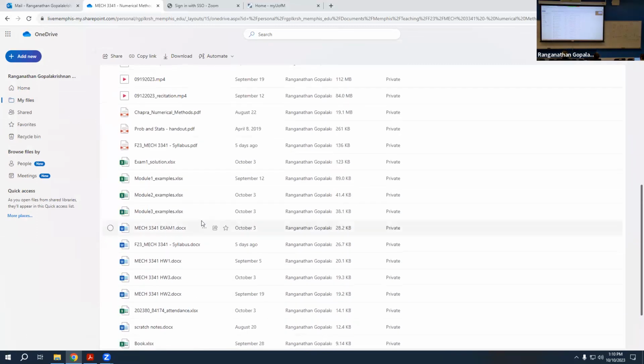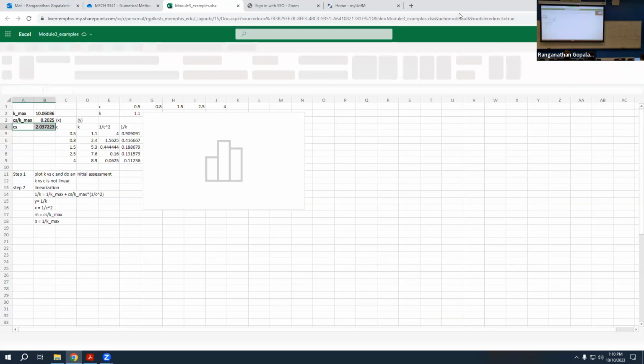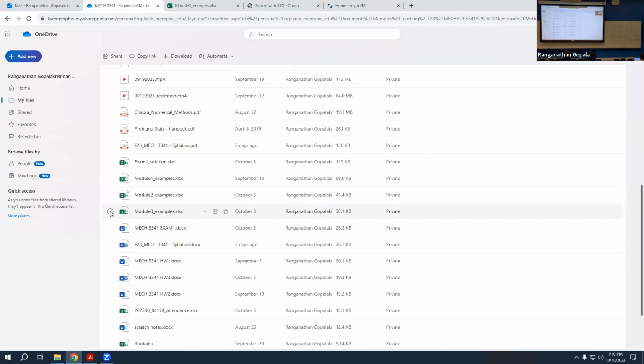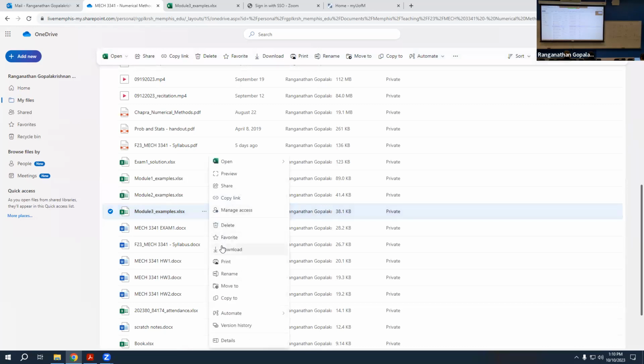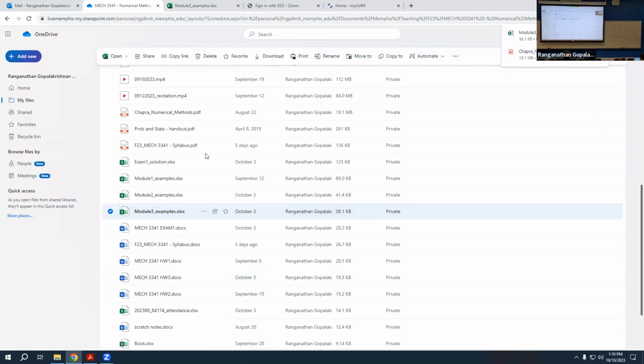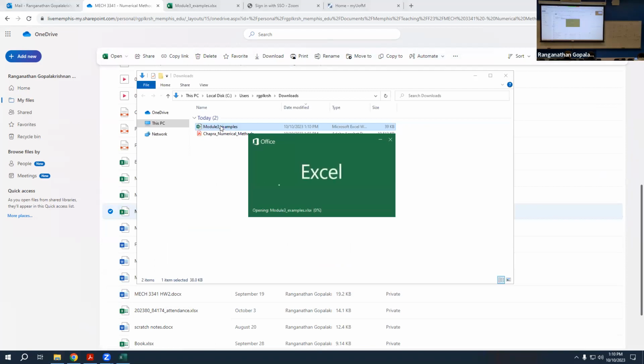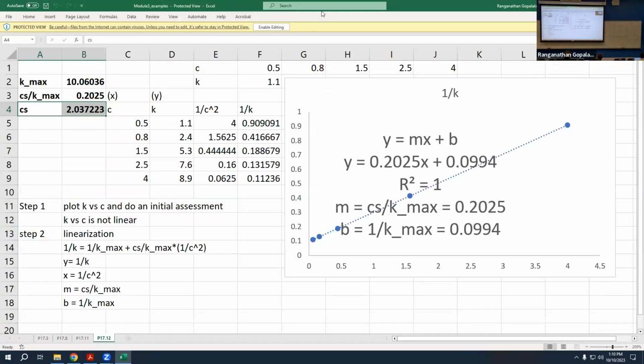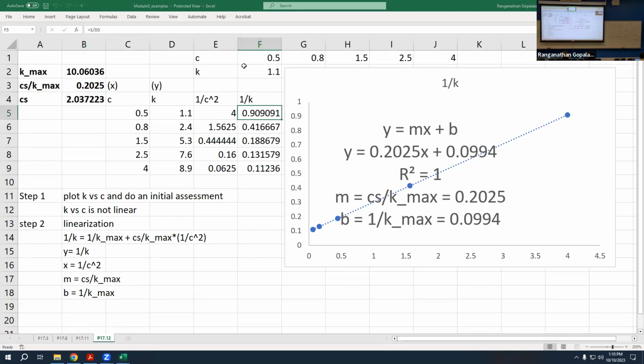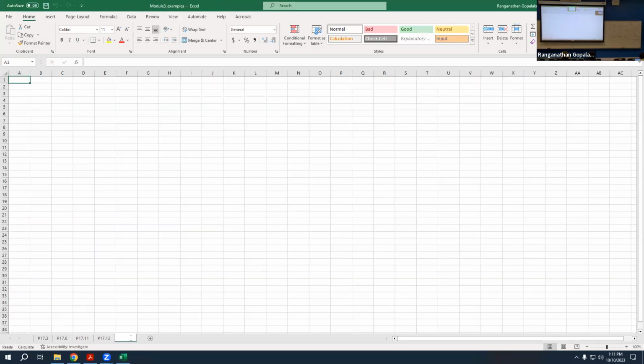All right, so I have my module 3 examples file, which I'm going to download and use. All right. So what do you do? What is the problem number here? Sorry, enable editing. 20.9. Thank you.